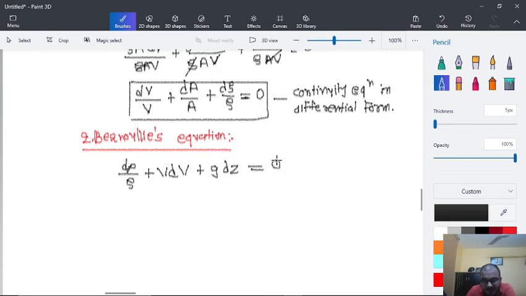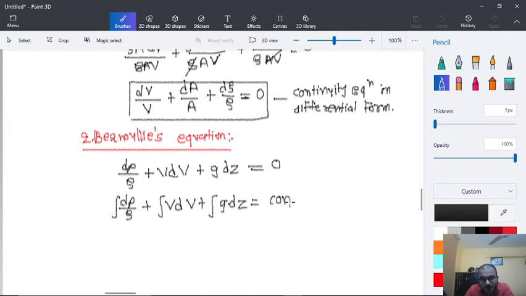So let's integrate this equation, that is integration dP by rho plus integration V dV plus integration G dz is equal to constant. Sorry, here after integration it will be constant.